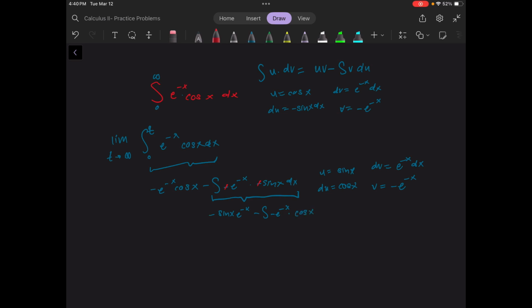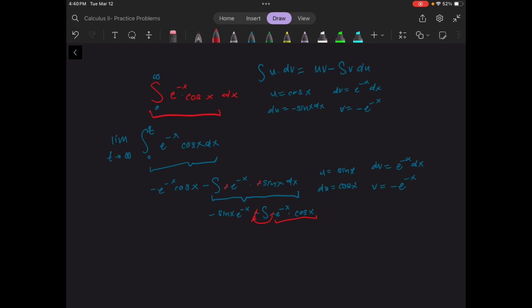Okay, so let's pull this negative out to make a positive, so we no longer have a negative. Does this e to the negative x cosine x look familiar to you? Or more importantly, the integral of e to the negative x cosine x. Yeah, that's what we started with.